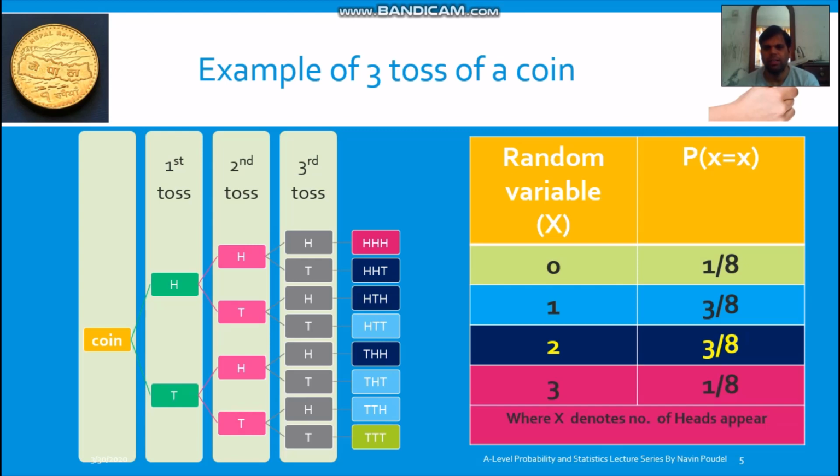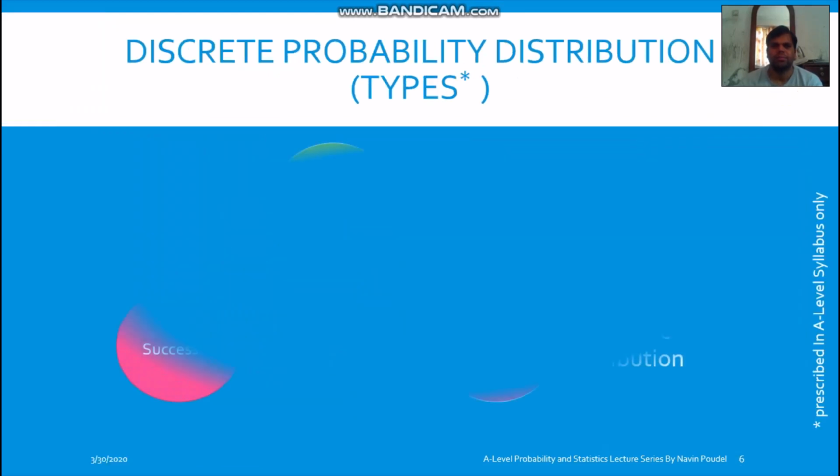So the probability associated with that is 1 by 8. Likewise, the probability of one head is shown in light blue color, and you can see tail, head, tail, head, tail, tail, head, and the probability associated with that is 3 by 8, and so on.